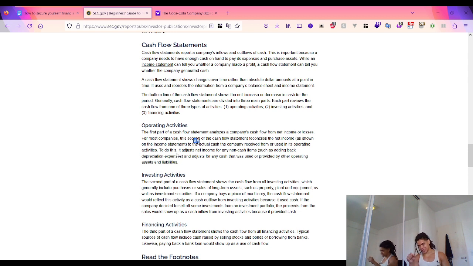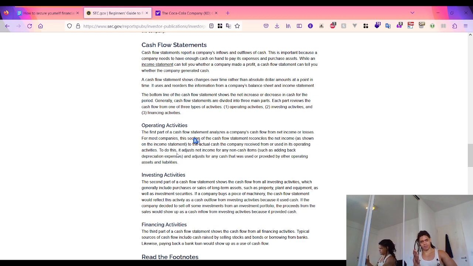So, for example, non-cash items are stock-based compensation, so awards for employees, where the company issues stock options. Okay, they have value, but there is no cash transfer. Okay, there is no cash transaction. Or depreciation and amortization. So this is an example of these non-cash items.